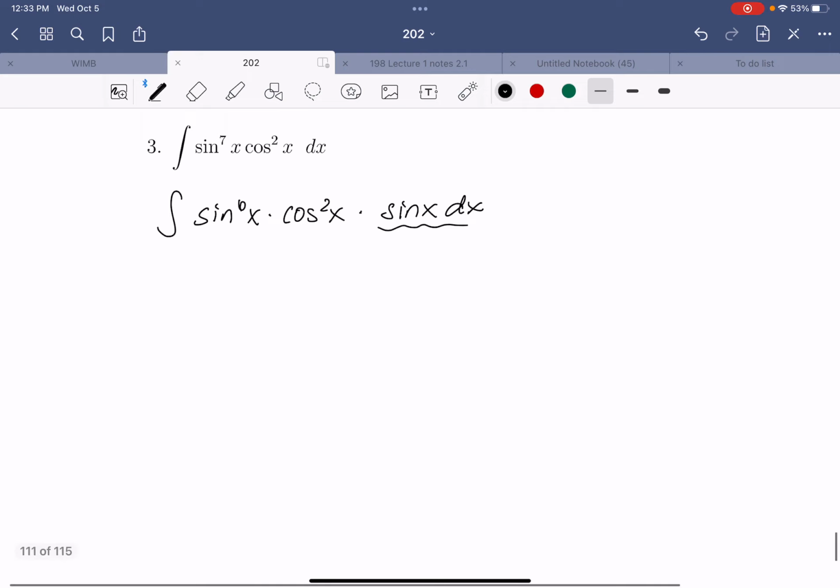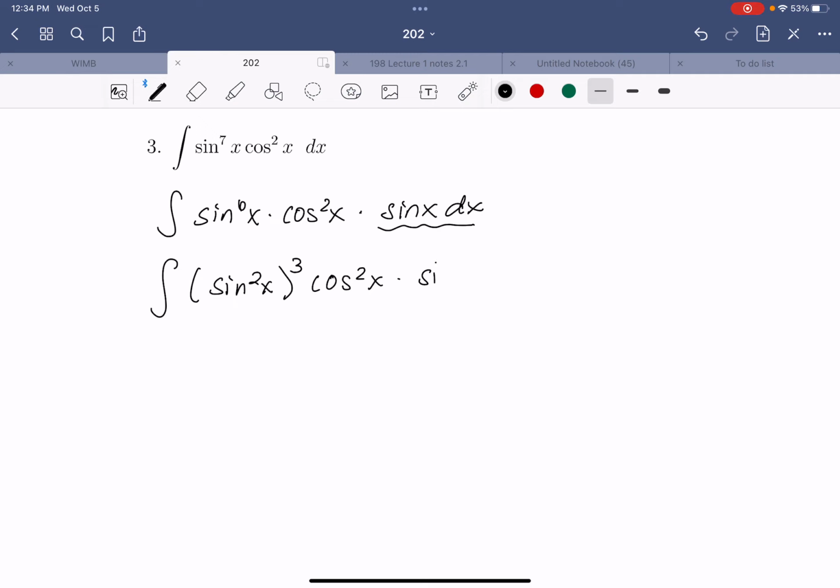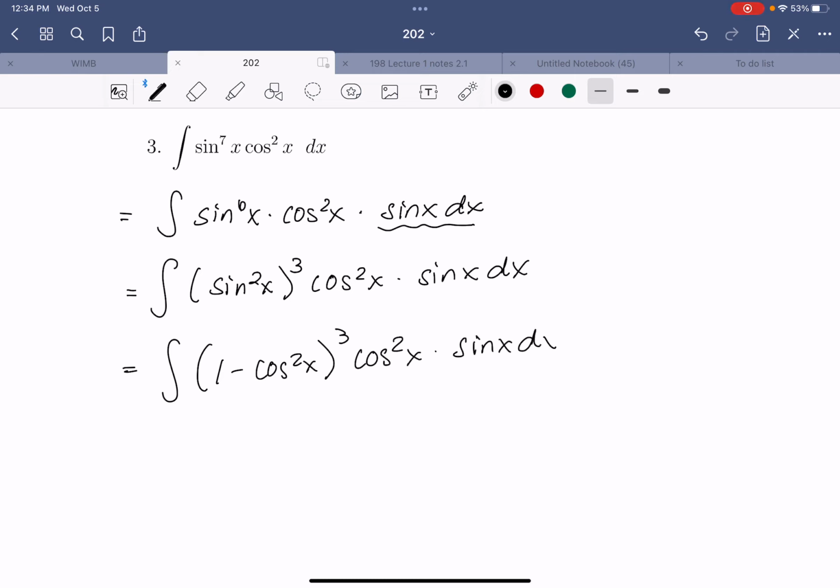So if this is my cosine x, I want everything else in terms of cosine. So I'm going to make this sine squared cubed, and that's going to become 1 minus cosine squared x cubed times cosine squared x times sine x dx.